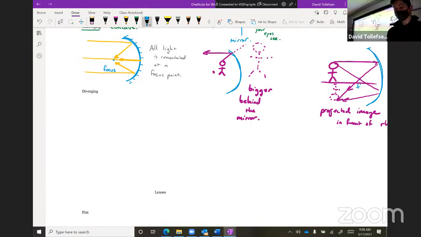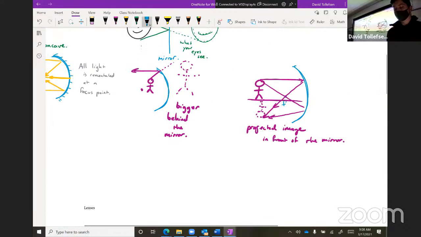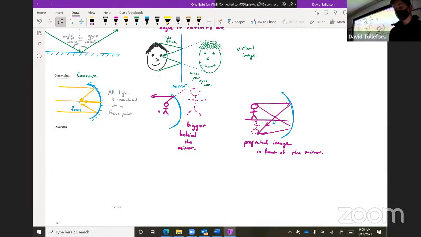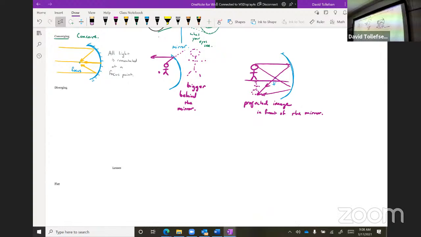Diverging mirror, we go back. For a diverging mirror, it's the opposite way.